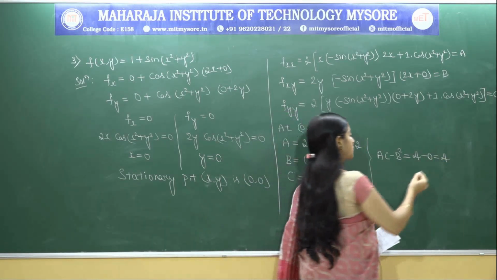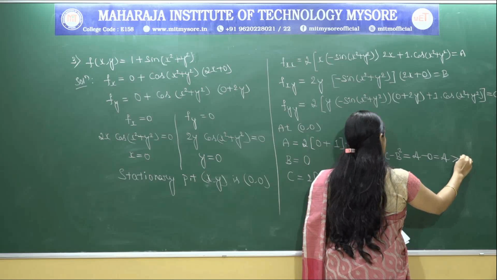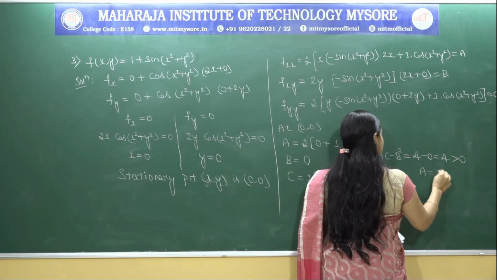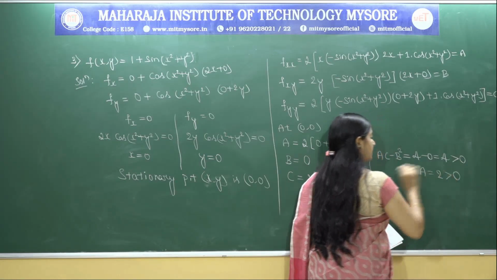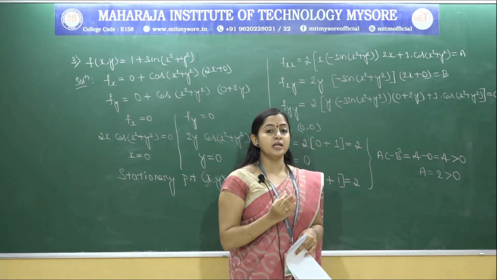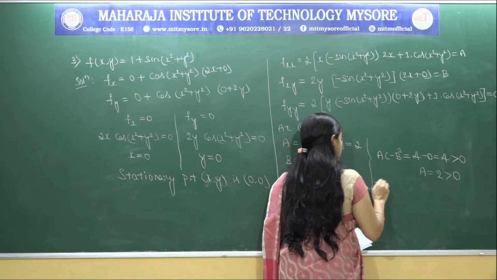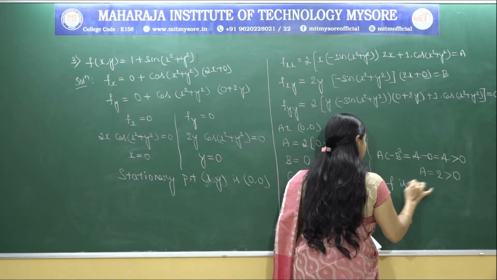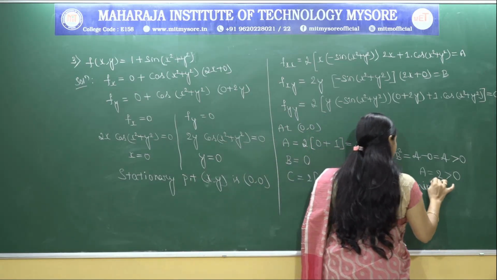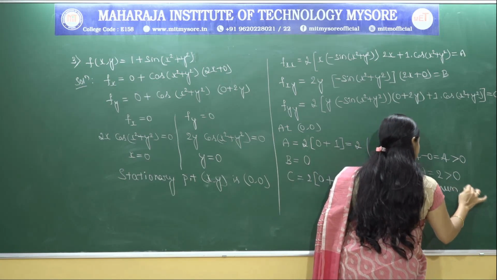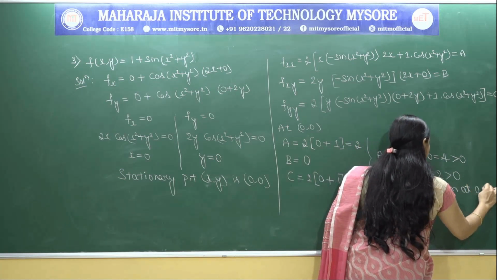Since AC minus B squared is greater than 0 and A equals 2, which is also greater than 0, the given function is minimum at the point (0, 0). Therefore, f is minimum at (0, 0).